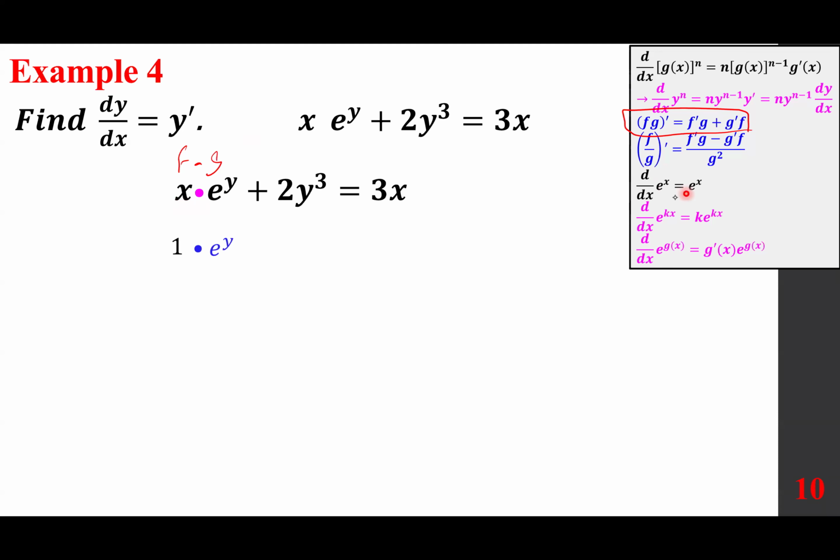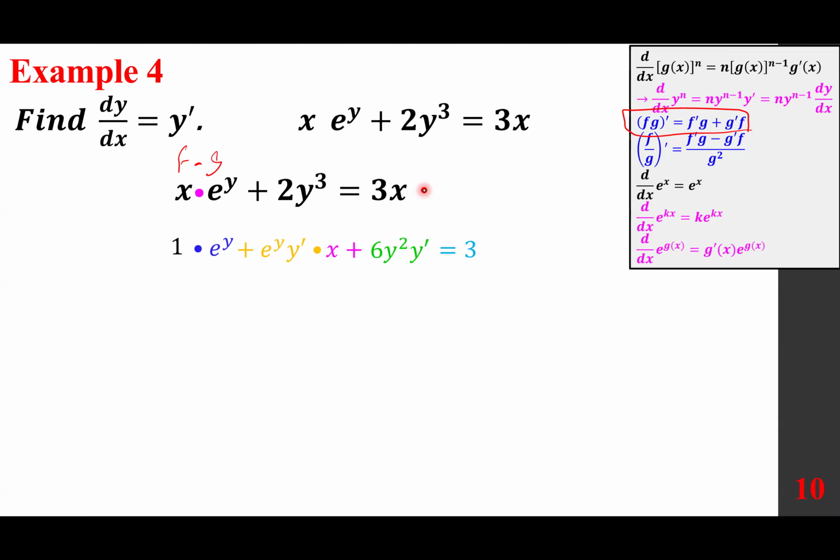Now, e to the power of y, exponential is itself. So e to the power of y. But remember, e to the power of g of x is e to the power of g of x times g prime, and y is like g of x. Therefore, e to the power of y, y prime times x. 2y cubed, following the extended power rule, 6y squared y prime, and 3x is simply 3.